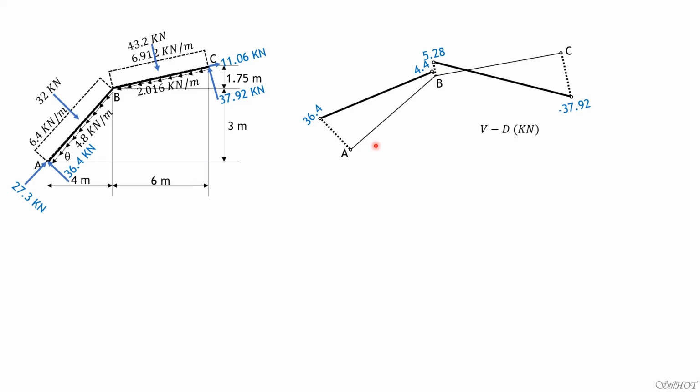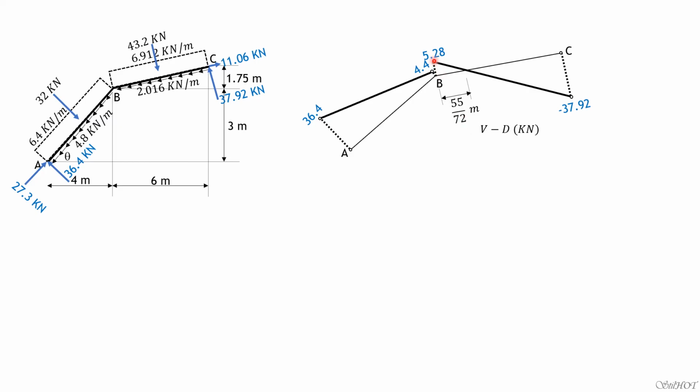So the area of the trapezoid here, by the way, this distance is shear 5.28 divided by 6.912. Again, 5.28 divided by 6.912, the uniform equivalent normal load, is 55 over 72.